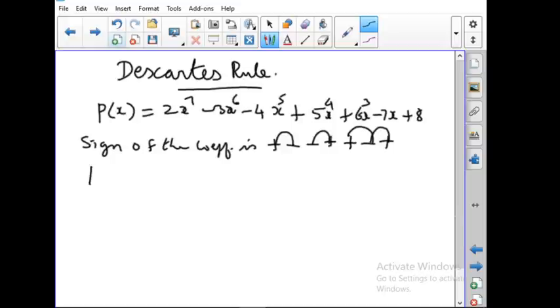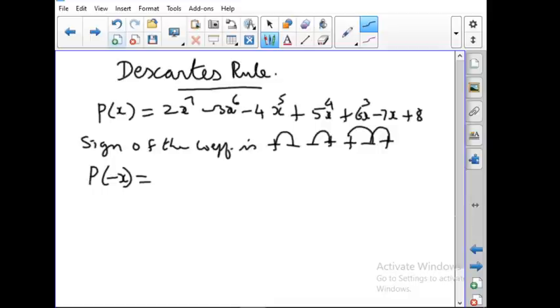Then we have to check for p of minus x. So p of minus x means in the place of x we have to give minus x. So when you substitute minus x, when you have odd power, it becomes minus, and if it is even power, it remains the same.